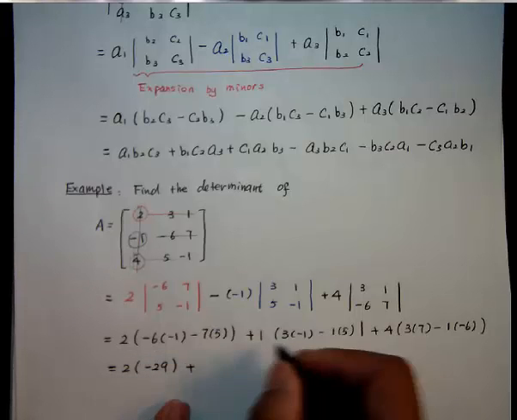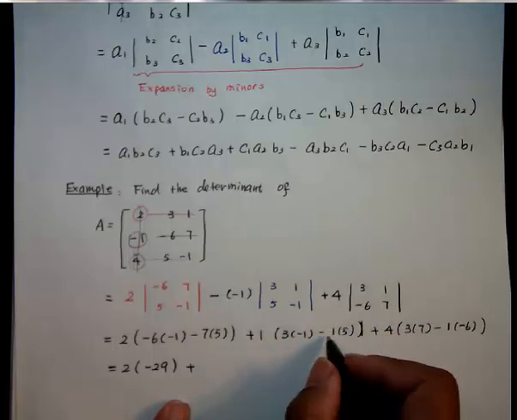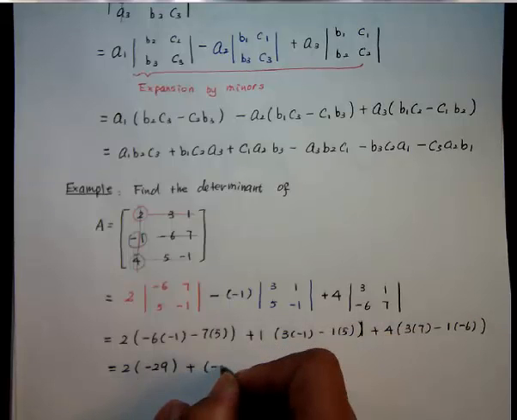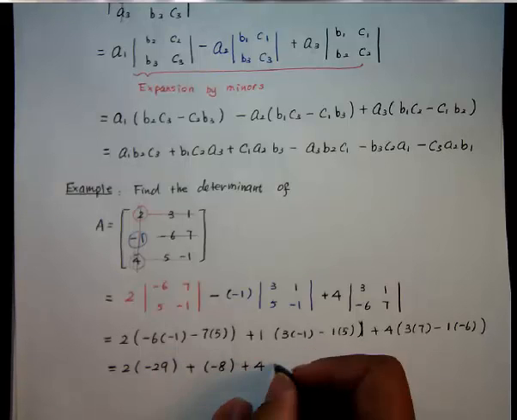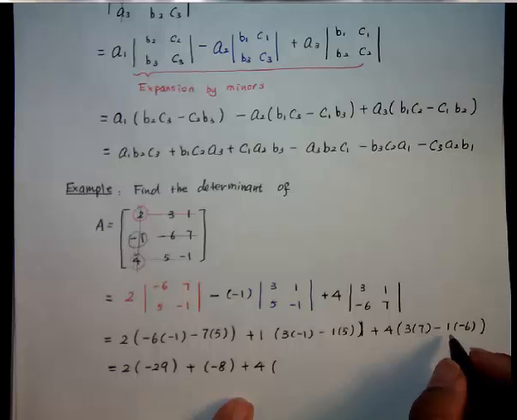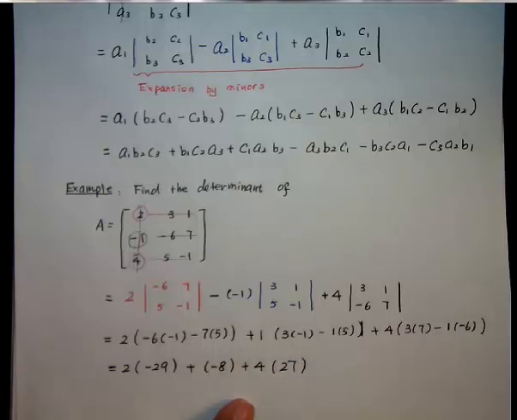Plus 1 times any number is the number itself. So that's negative 3 minus 5, negative 8. Plus 4 times 21 plus 6, that's 27. Right.